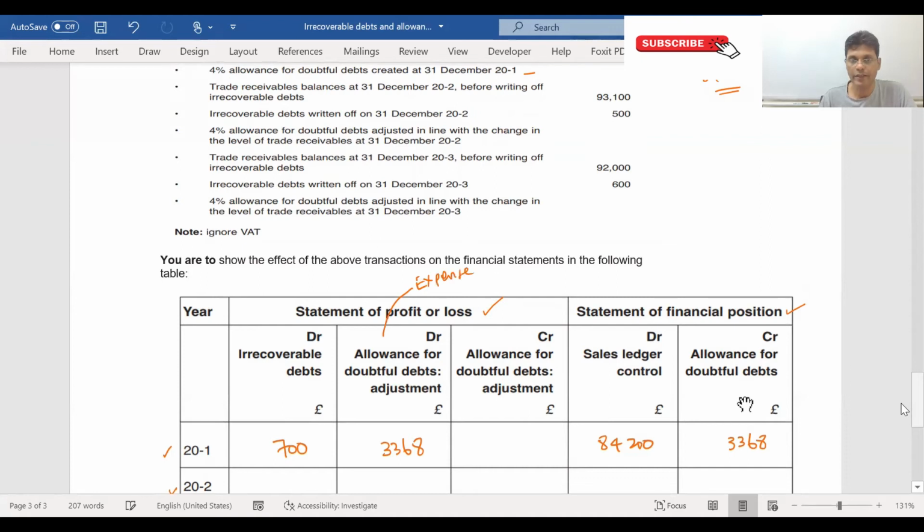So we debit the profit and loss account as an expense, and this is a provision or allowance we credit in the financial position until it is recovered. This will be lying in the allowance for doubtful debts account. We don't set it off, we don't write it off against the sales ledger control account.